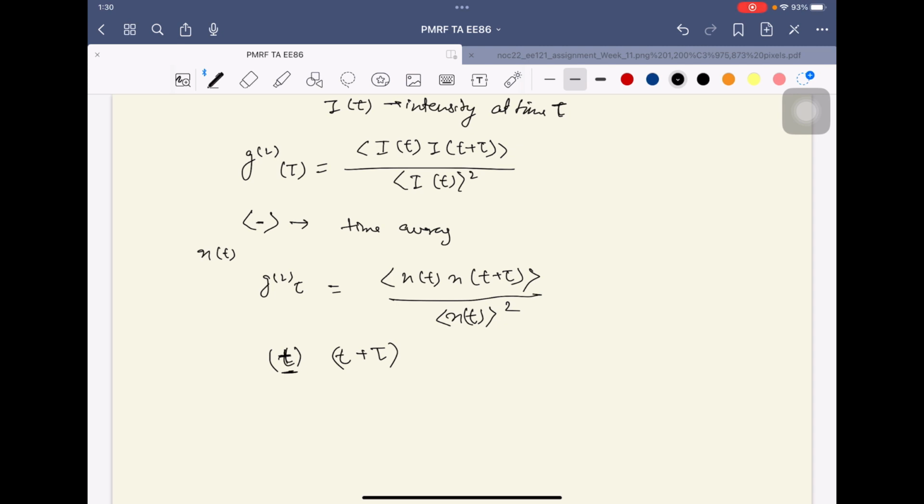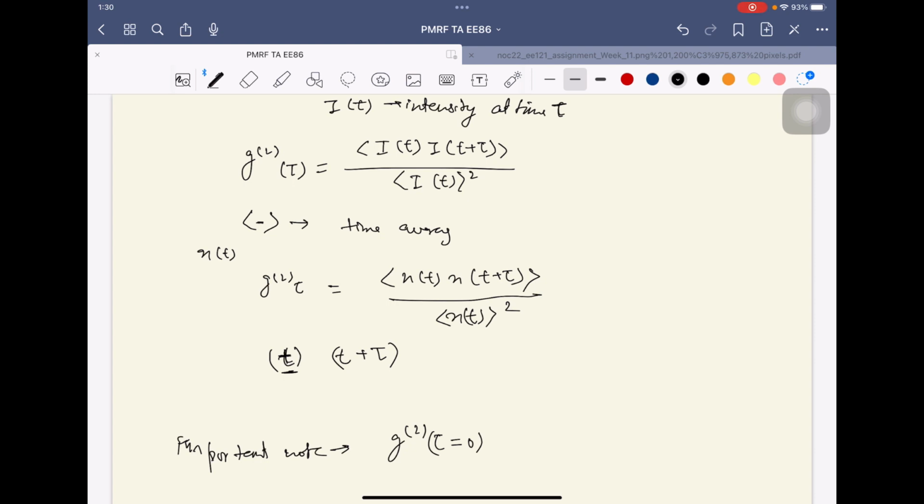The important note here is a very important value: g2 at tau equal to 0. However, in the way we are defining g2, this is also kind of an ill definition.